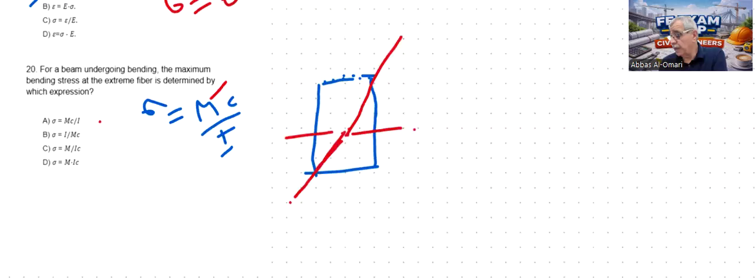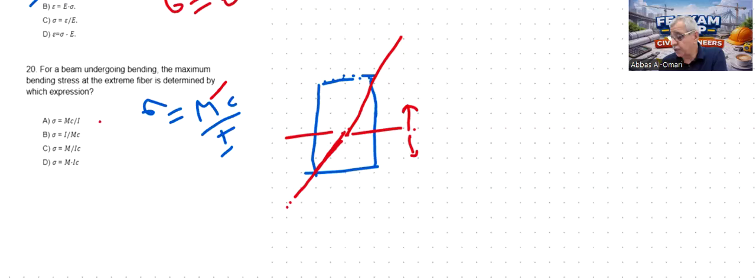According to MC over I, C is the distance from the center line upward or downward, and I is the moment of inertia of the cross section. Stress is maximum at the outer edge of the cross section.